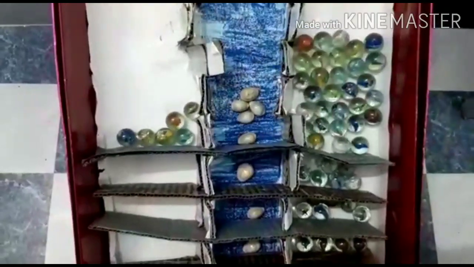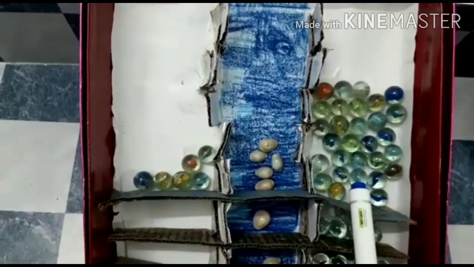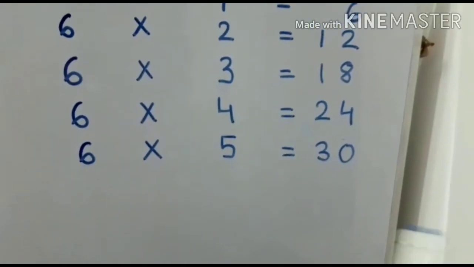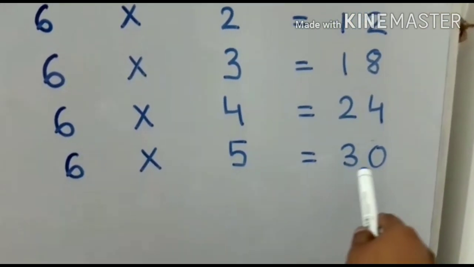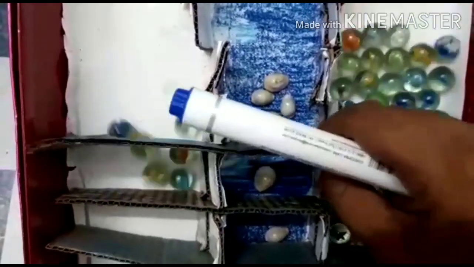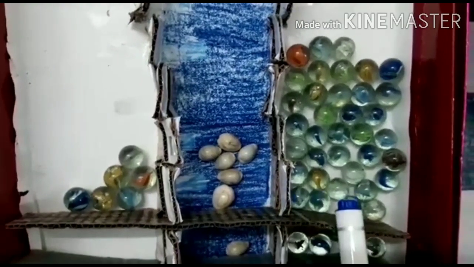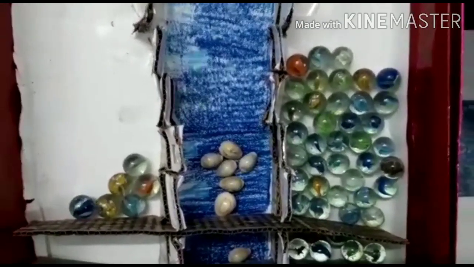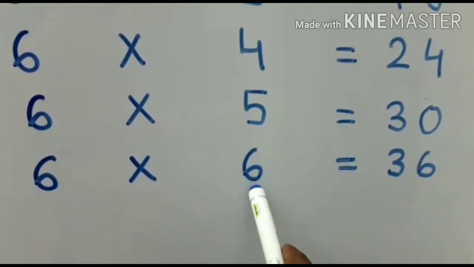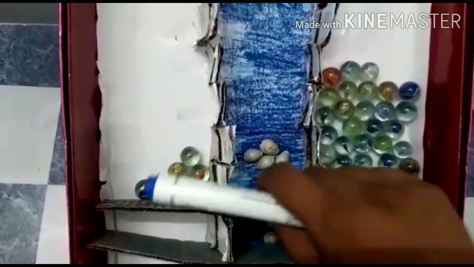Then again this piece of cardboard I will take. Then 6 fives are 30. I have written it on the board. Next again the same thing, I will take out this cardboard, and now 6 sixes are 36. That I have written on the board. Then again I will take this piece of cardboard.